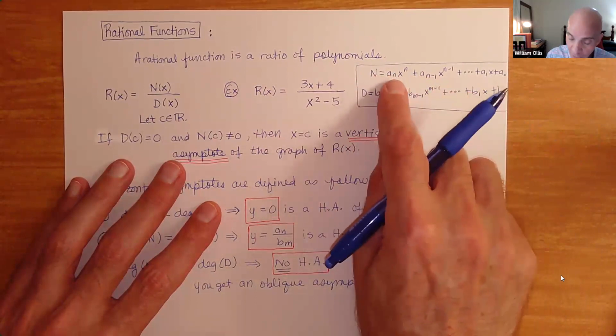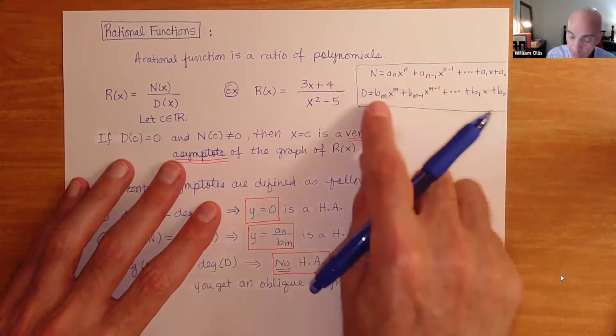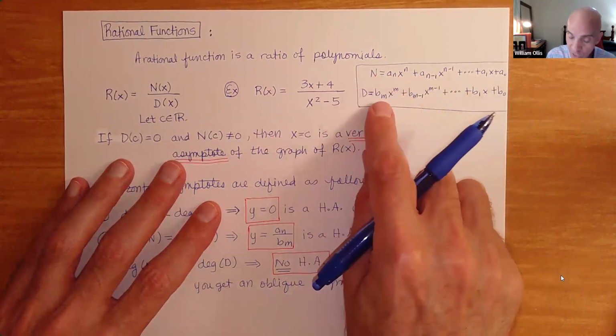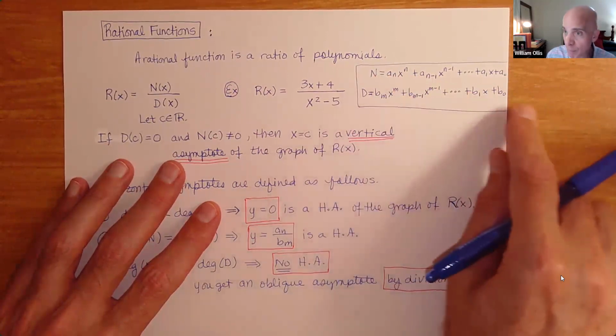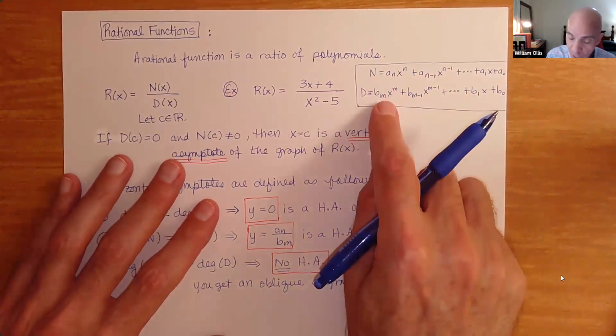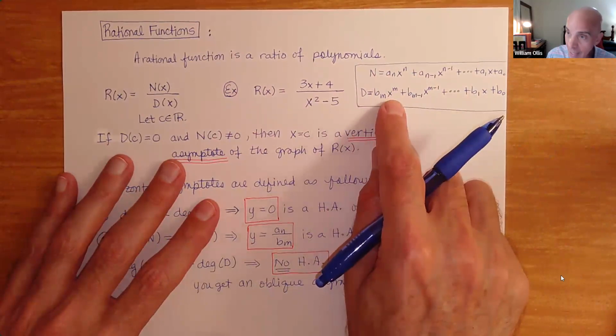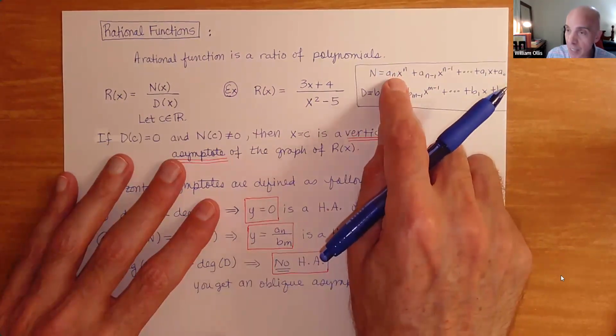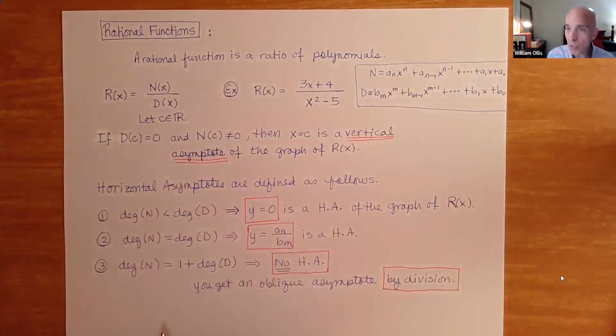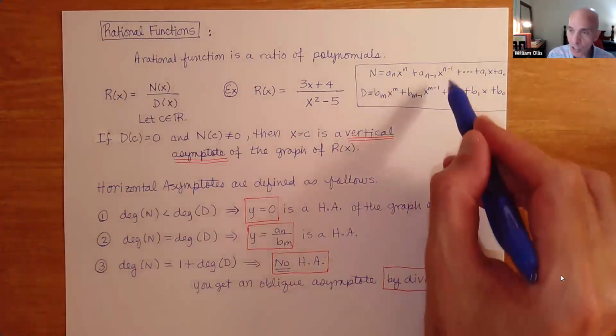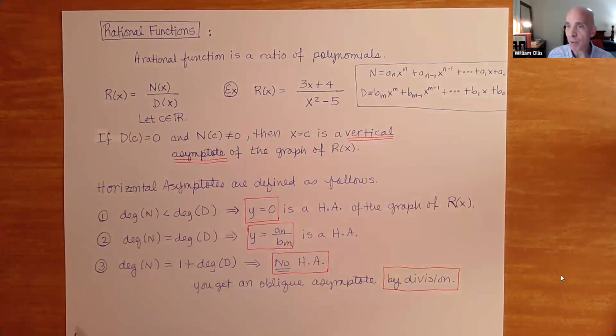For the numerator, we have coefficients a sub i, and for the denominator, we have coefficients b sub i, etc. So the degree of the denominator would be m, and the degree of the numerator would be n. So lots of times we find it very useful to refer to the generalized representation of the polynomial when we talk about asymptotes, especially horizontal.